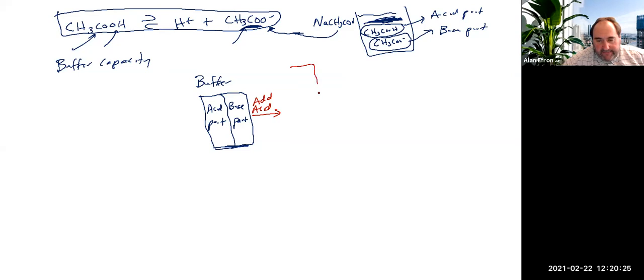So in a very exaggerated drawing here, we will see the acid part get bigger, but the base part will get smaller in a sense. If this is again still the buffer here.